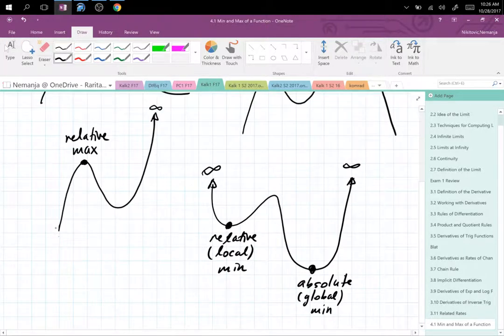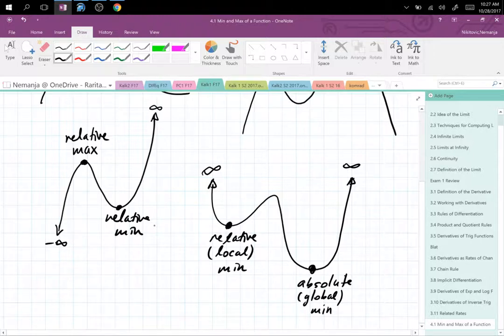Now, as you can see, this one goes to negative infinity, this one over here is relative min. So use your eyes and common sense, and you should be good to see them on the graph.